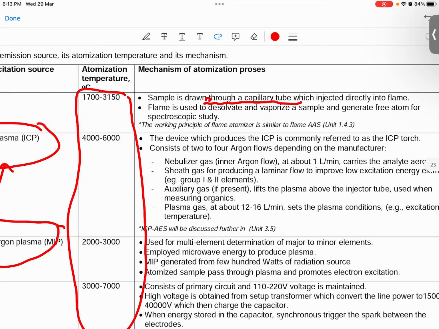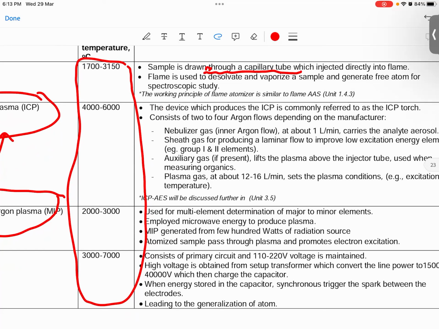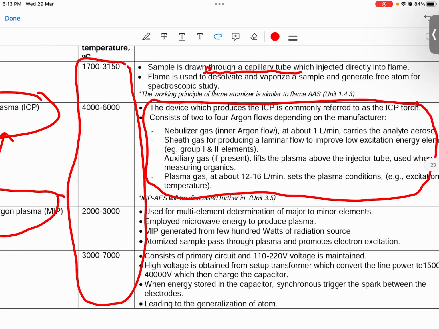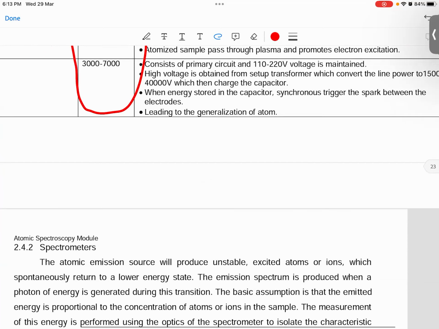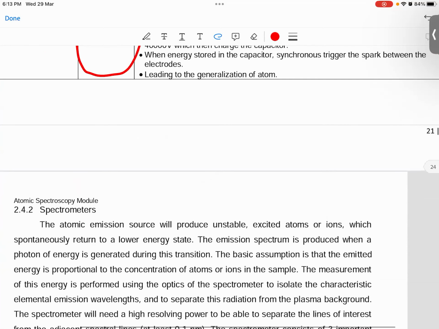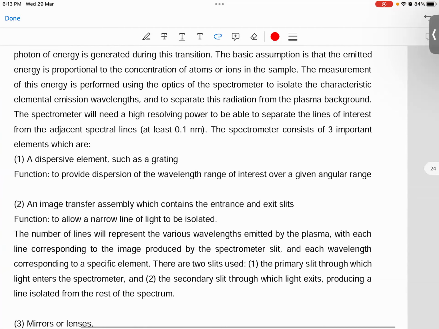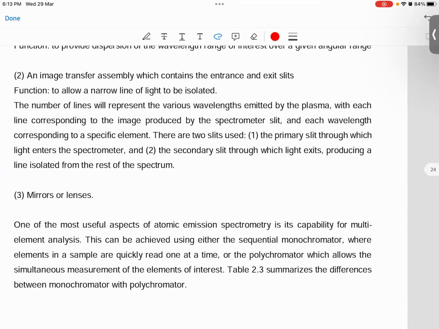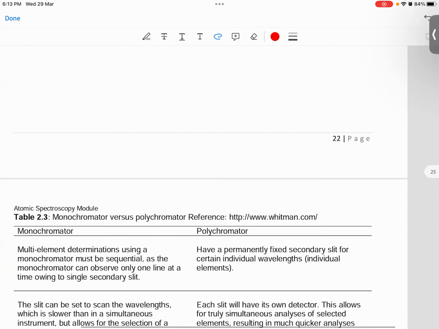That comes in various types. But the one we are interested in, when we talk about AES, is usually ICP-AES, so we are interested in how ICP works. Remember, ICP is the atomizer as well as the excitation source.